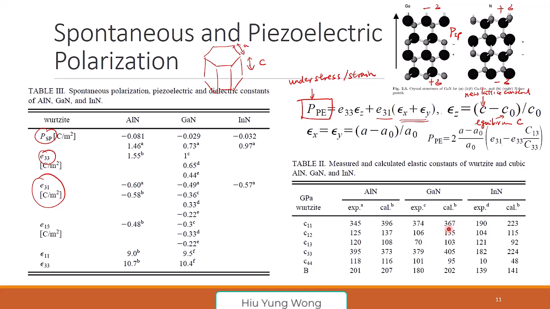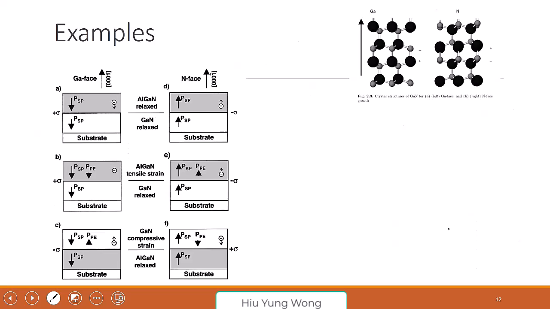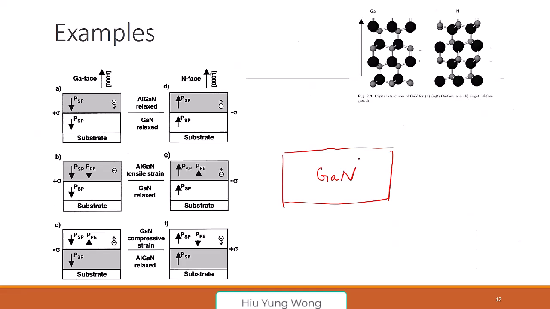So the only thing then, why do we have a strain? Let's look at an example. This one we learned already. But let's try this. If I put a very thick gallium nitride, what is the A? It's just equal to A0 of gallium nitride because it is relaxed.